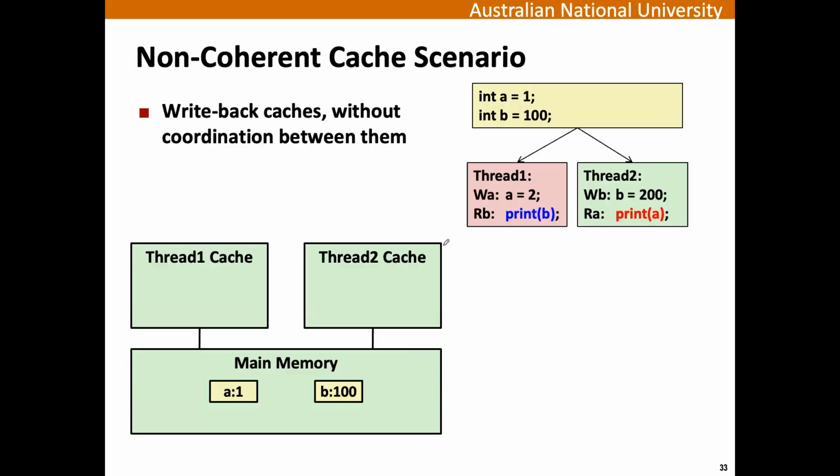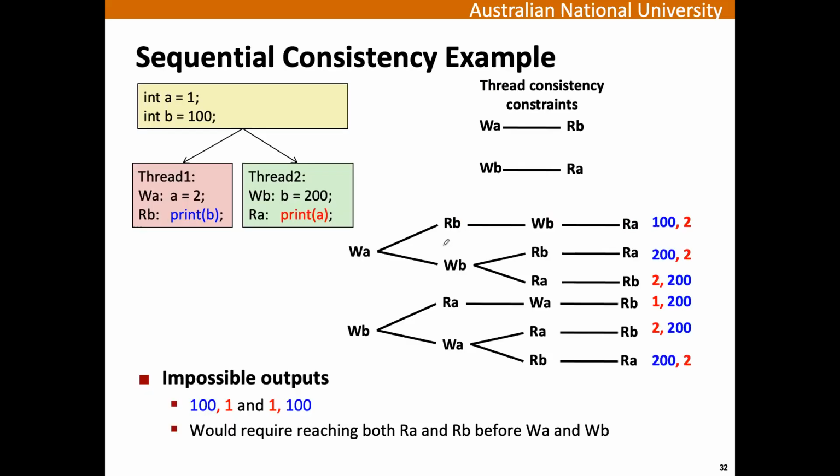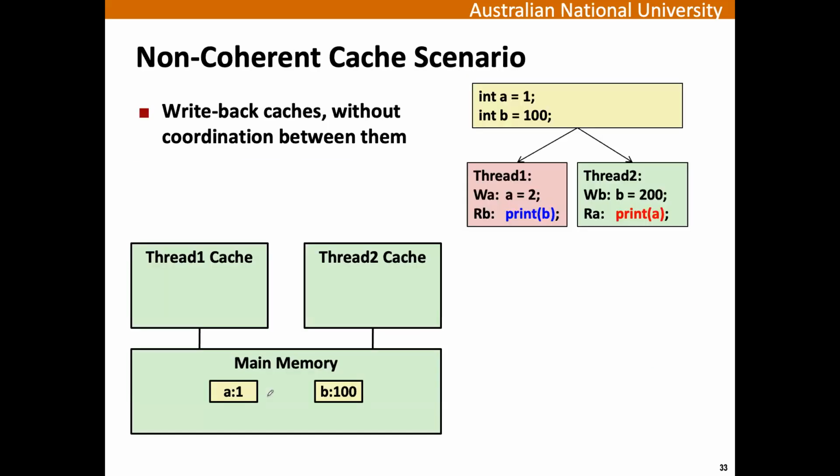So let's see an example where you can build hardware that looks well-performing and correct, but which can deliver these impossible outcomes. Imagine we have write-back caches. Anyone remembers what a write-back cache is? Okay, I need to do revision lectures.